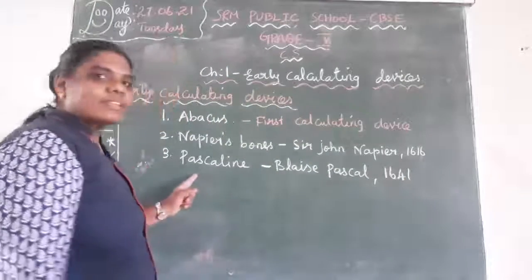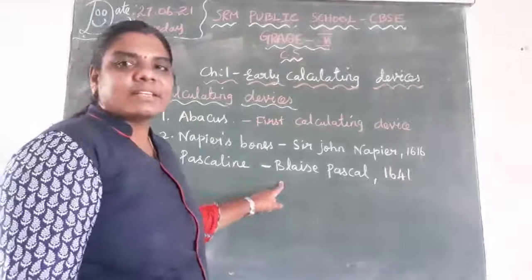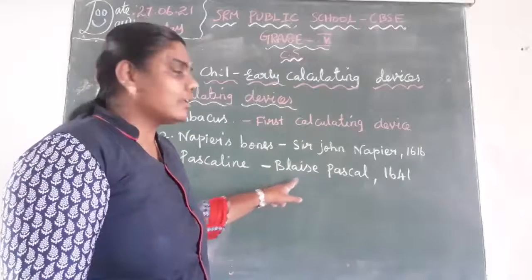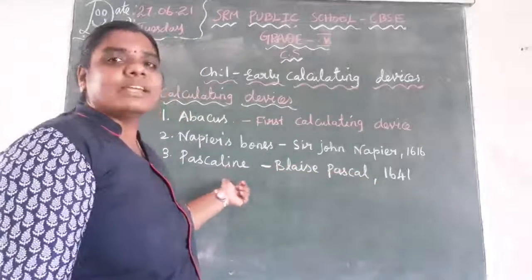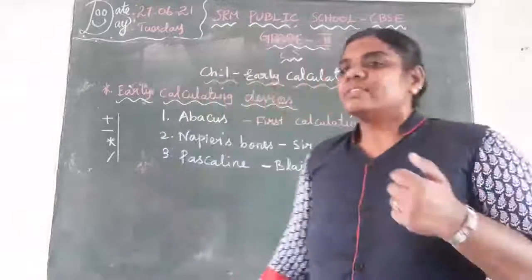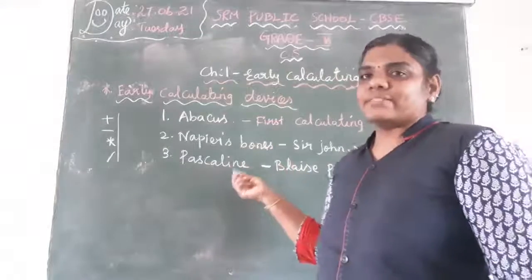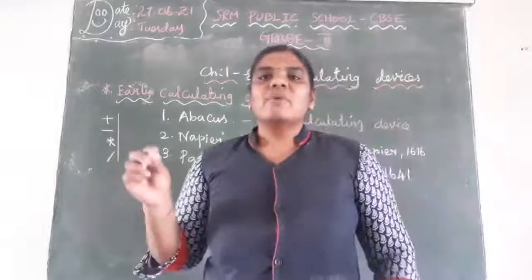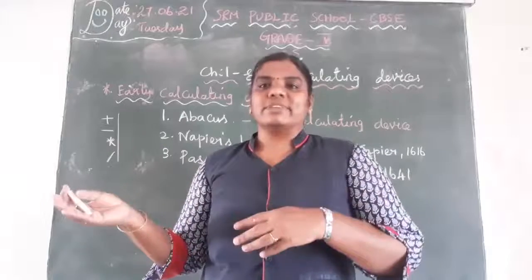1641. What is the device name? Pascaline. Who invented the device? Blaise Pascal. When was the device invented? 1641. What is the use of the Pascaline in the earlier days? It is used to perform the arithmetic operations as well as find the numbers from 100 to thousands.